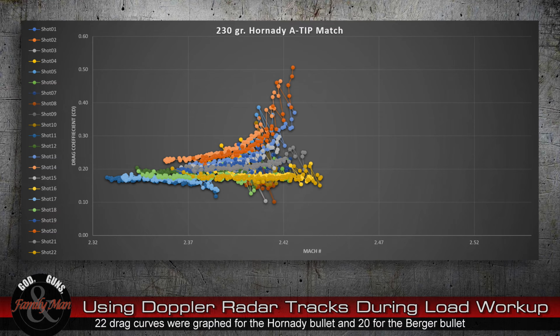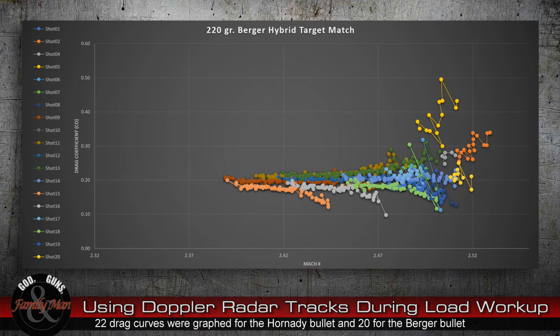And I then began to notice a trend. Some of the shots followed the expected drag curve quite nicely. Others did not.